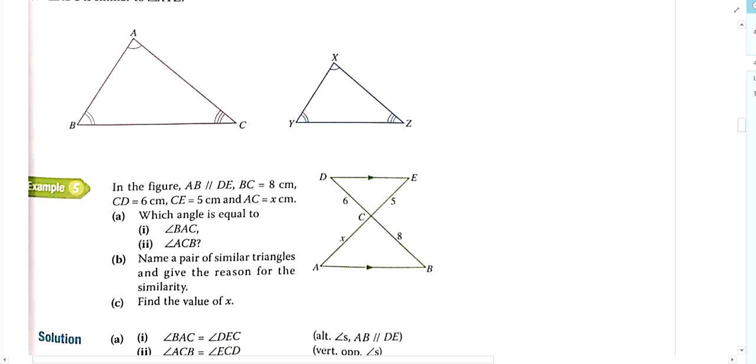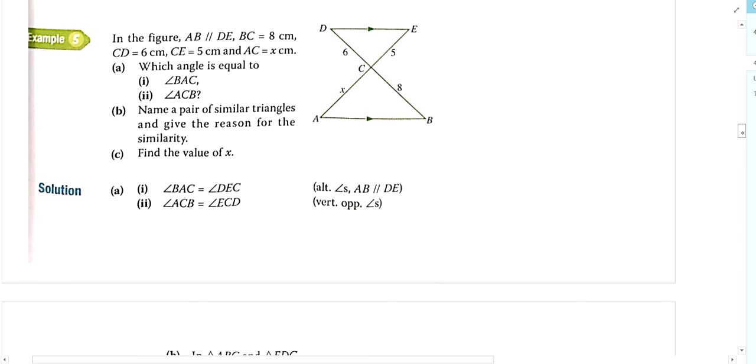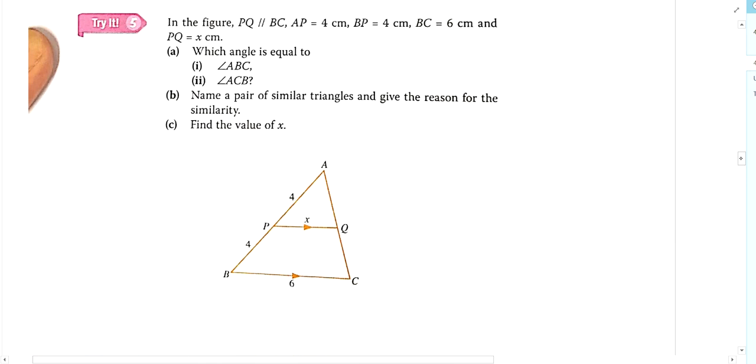So, let's go straight into try it 5. I only want to draw one. Since I already have the small triangle over here, I shall now draw the big triangle. And this is ABC.